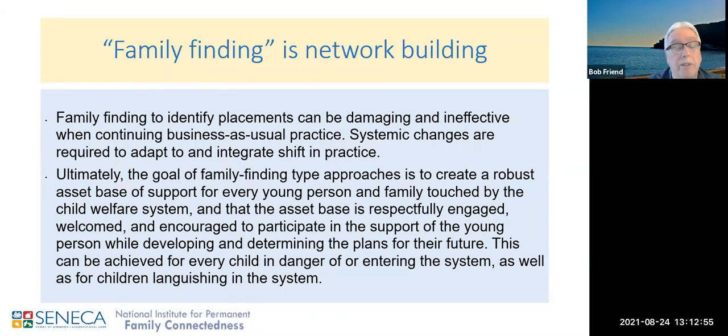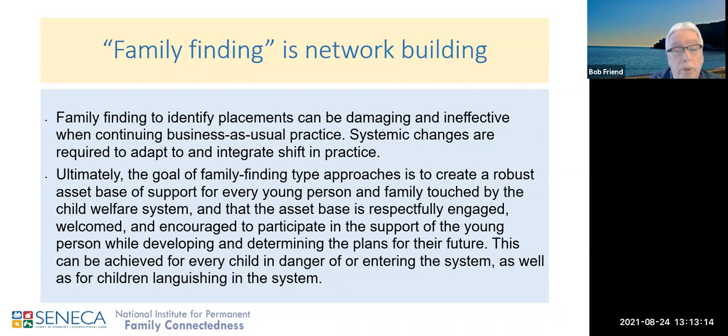The purpose of family finding is that it's a network building intervention. And so ultimately, when I ask folks if they're doing family finding, the test is, do you have a network that's going to be there to support the young person for free and forever?